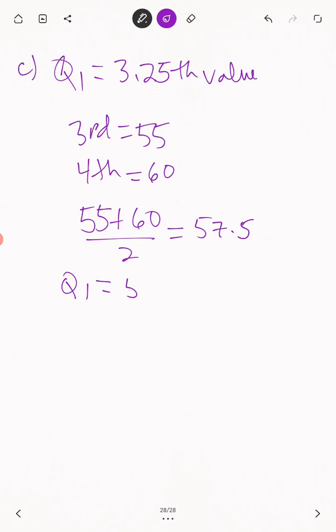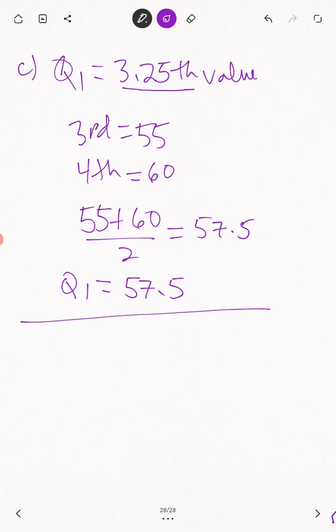However, to me it wasn't making sense because it doesn't say that it should be the 3.5th value, which would be halfway between the third and fourth values. It says it's a 3.25th value. So if you look this up on the internet, you're going to find all sorts of different formulas and disagreement about how to find Q1.